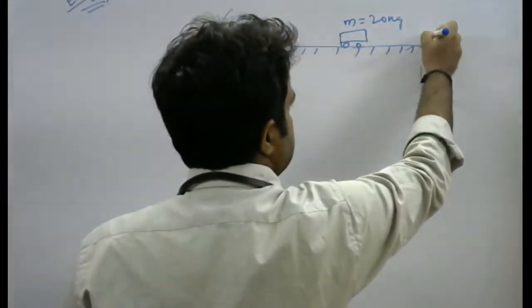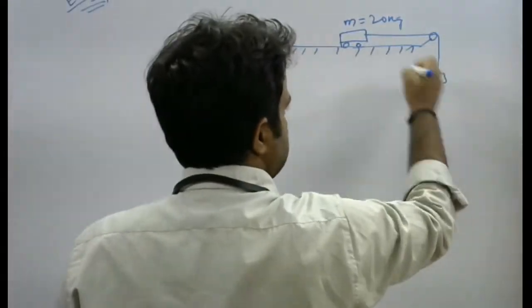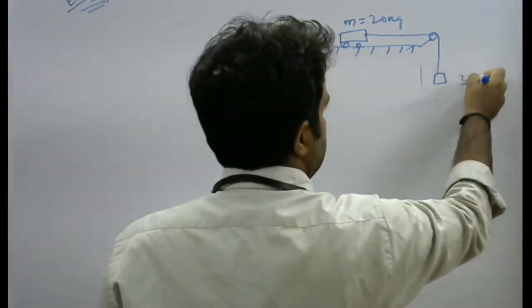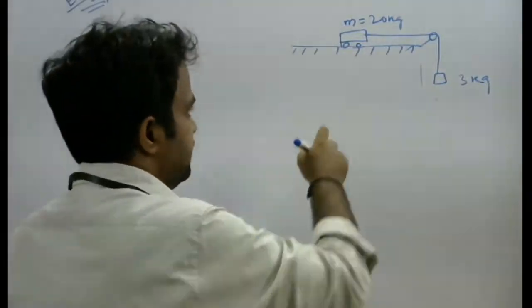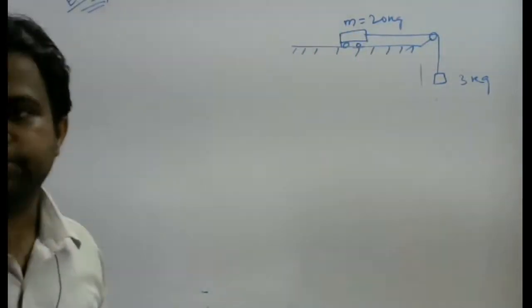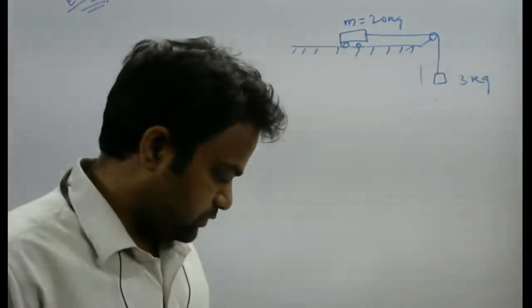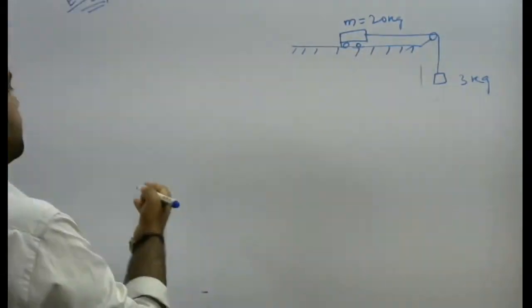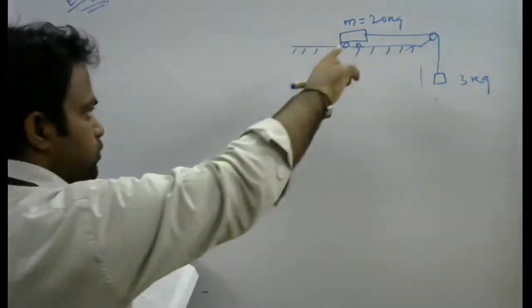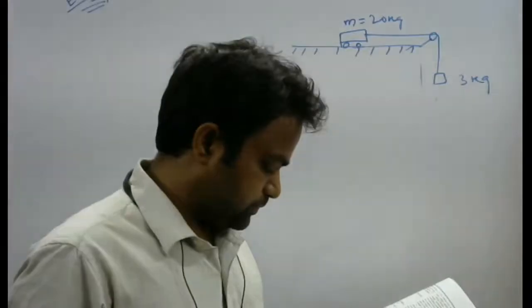Now one pulley is connected here and a string is connected, and another mass is hanging. This mass is 3 kg. There is some friction between the surface and the object. It's not frictionless, it has some friction, and the coefficient of kinetic friction is given. So what is given? The masses of both the trolley and the hanging object are given.